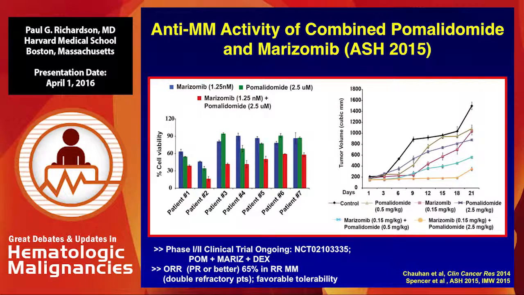In that same context, when you combine POM with Mariz, it's very exciting, and I mentioned already that Andrew Spence has presented this data. In the laboratory, it's the most powerful combination that Dharminder has studied. This is Dharminder Chauhan in our laboratory, who's a powerhouse in the proteasome inhibitor space. And basically, the clinical translation of this has been equally powerful.